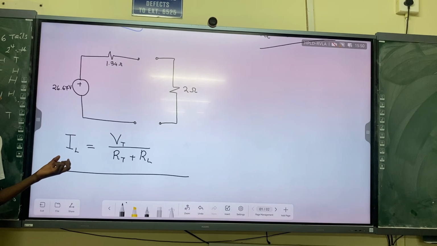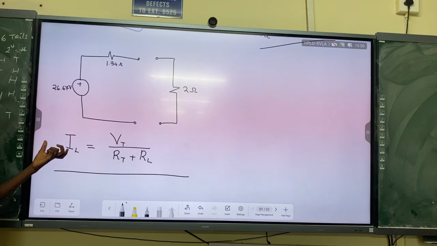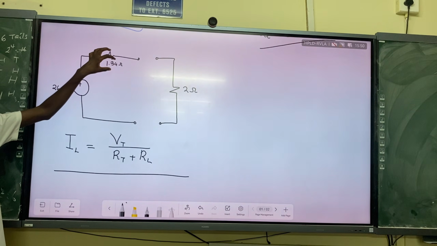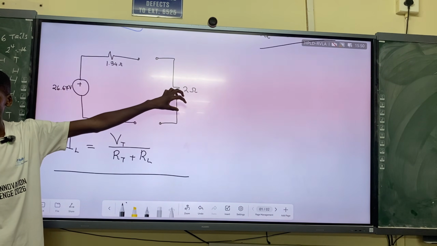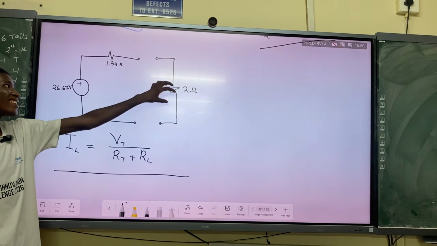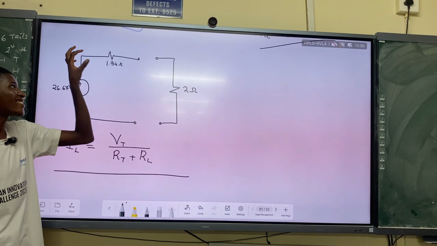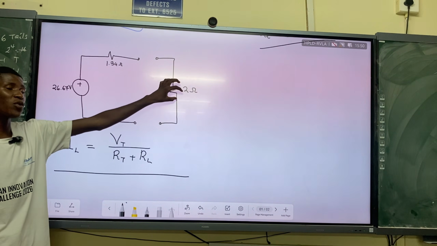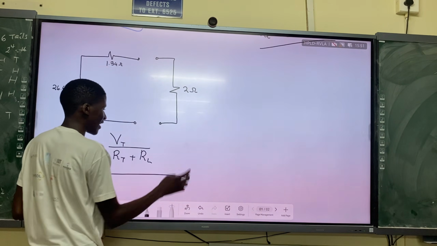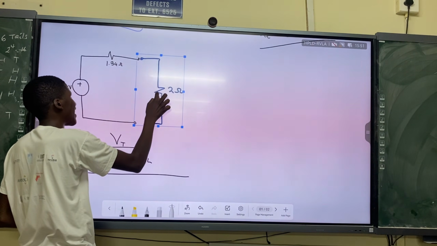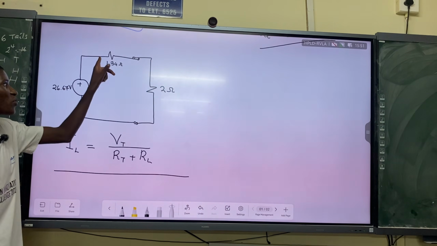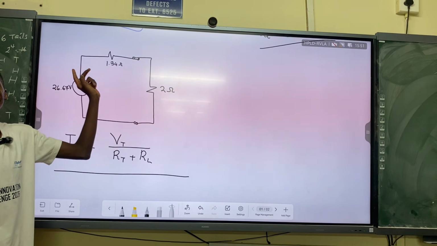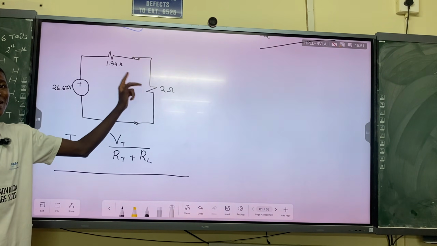I want to explain from Ohm's law: the current entering here is the total current, and the current entering here is also the total current, because we say that these two are in series with one another. So all of them will receive the same current, and that's going to be the total current.